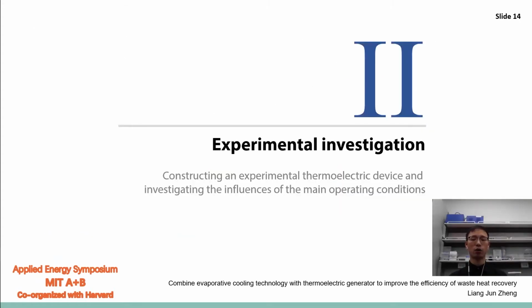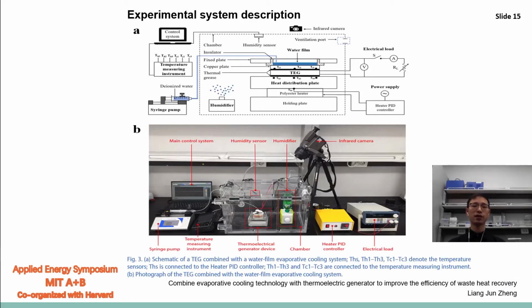And now we will start the experiment investigation. So this is the experiment system. This system is composed of a TEG device, a data recorder system, and some kind of assistant system, such as a syringe pump that can supply the water to the water film tank.